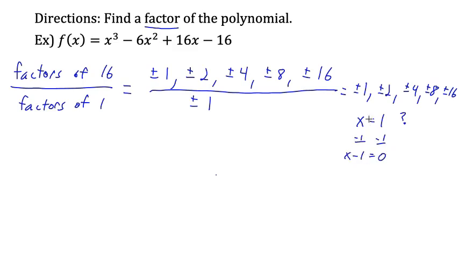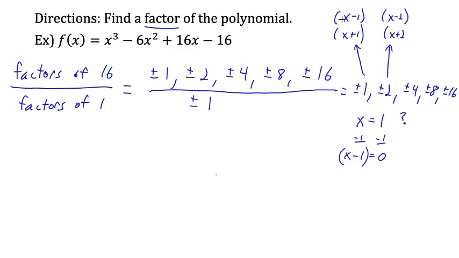So the factor that goes along with a root or 0 of x equals 1 would be x minus 1. So the factors related to positive or negative 1 are x minus 1 and x plus 1. The factors associated with these roots are x minus 2 and x plus 2, and so on.